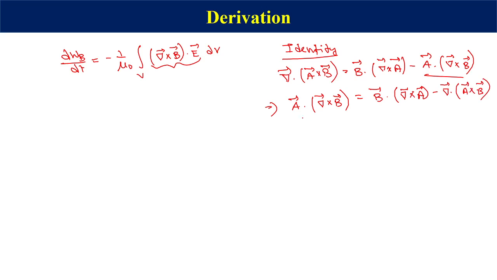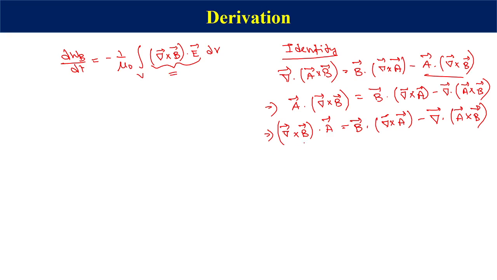All right. So we can also write it as del cross B dot A, because this is a dot product. It doesn't matter whether you take A dot B or B dot A, it is all the same. So B dot del cross A minus del dot A cross B. So here the identity is quite similar to whatever we have here in bracket.